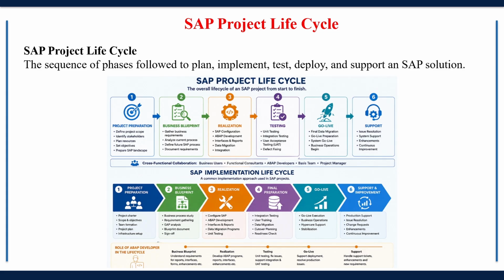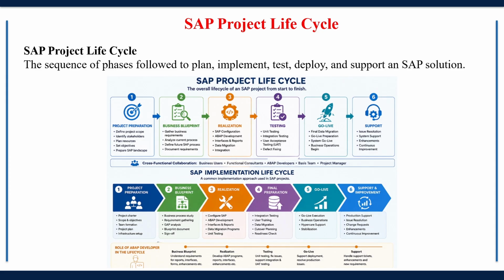The consultants work with business users to understand how the company currently performs its business processes, how it sells products, how it manages inventory, and how it handles financial transactions. The team defines how these business processes should work in SAP. That is the business blueprint.